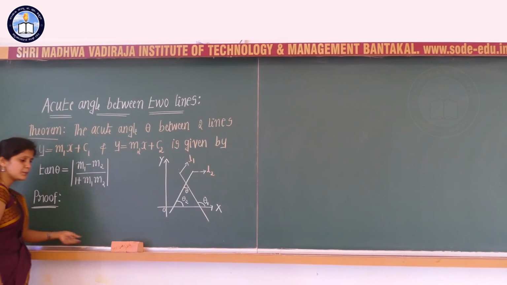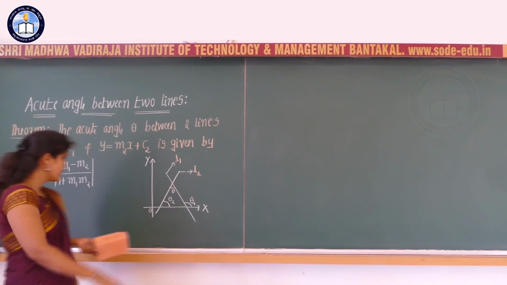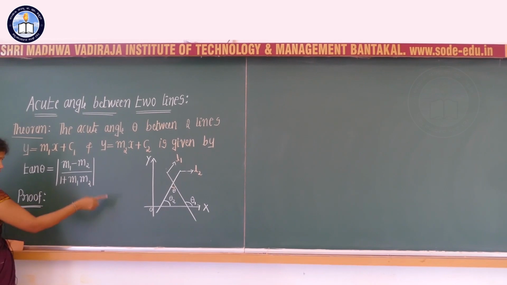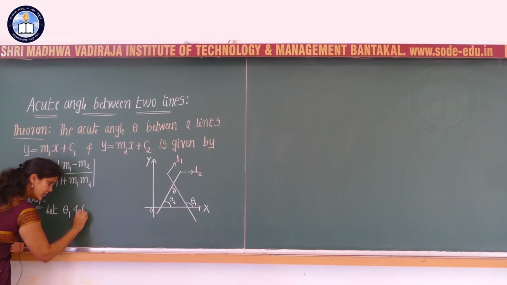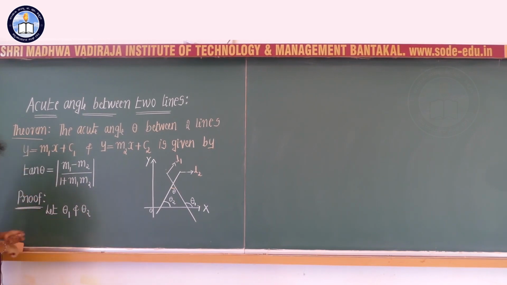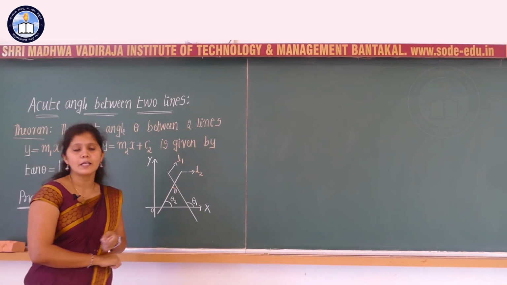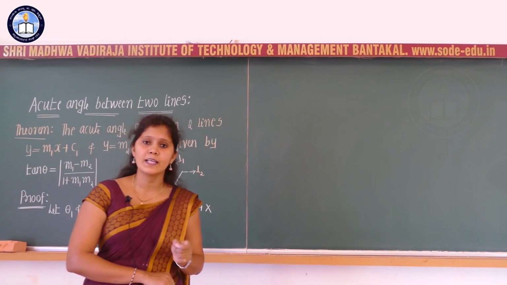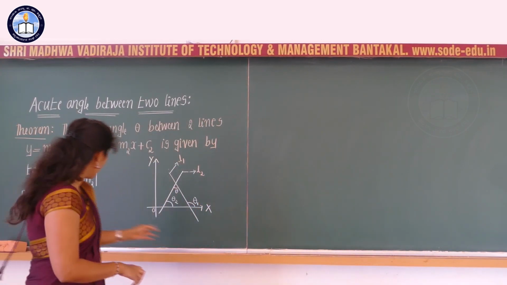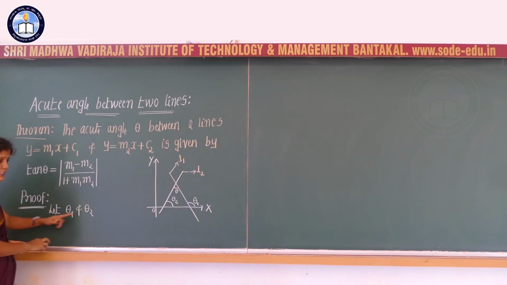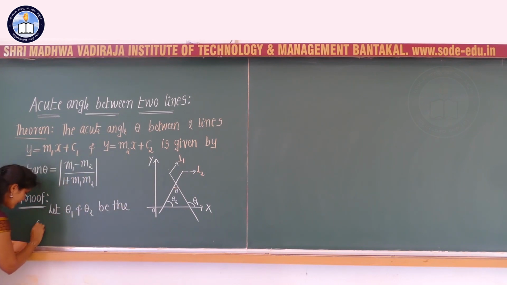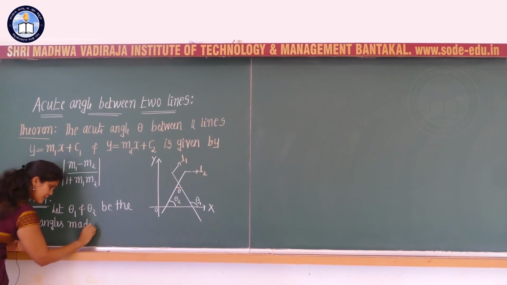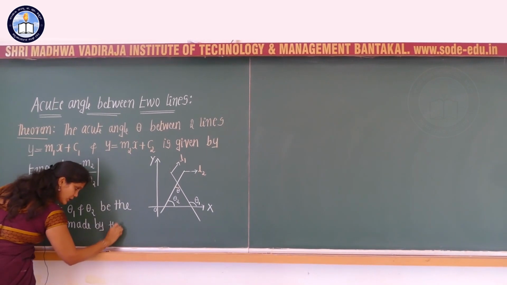Now how to write the proof? Initially let us consider the introductory part with respect to the diagram, that is, let theta 1 and theta 2 be the angles made by the lines. What is meant by theta 1 and theta 2? They are nothing but the angles made by the lines with the positive direction of x axis. What are the lines?